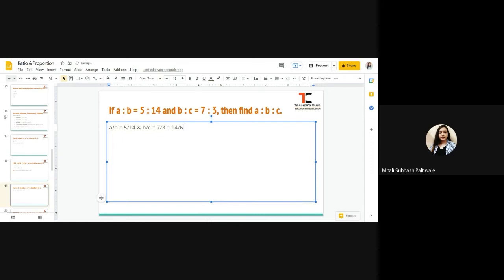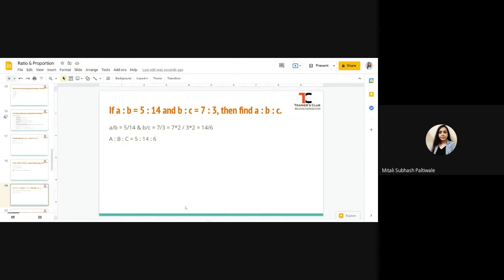I've just multiplied this with 2. Now A is to B is to C will be equal to 5 is to 14 is to 6. That's all. What we have done here is we have just equalized the B's, and that's how we got the answer. That's it. This is the only answer.